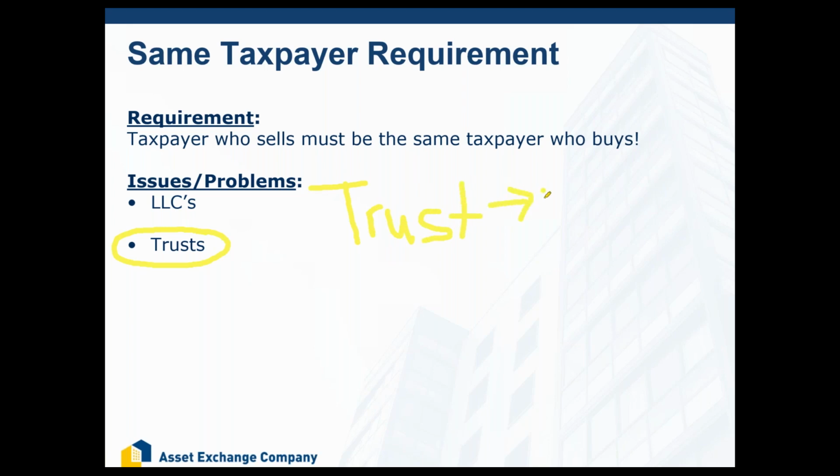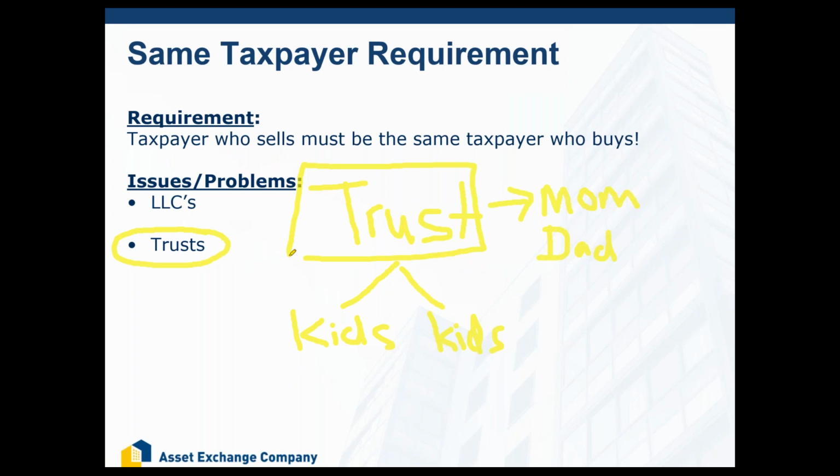The reason they do it is because when they die, they want the government to stay out of their business, and they want their kids to be able to inherit their property without going through probate court. So they put the property in the trust so that when they kick the bucket, the kids can inherit the property without going through probate. It's a very good thing to do. You all should do it.